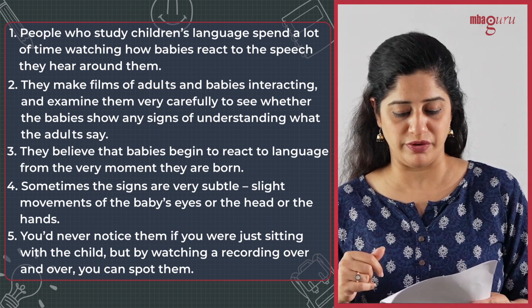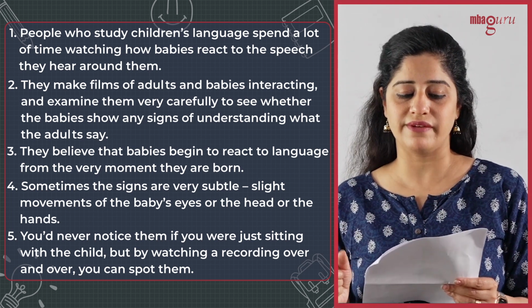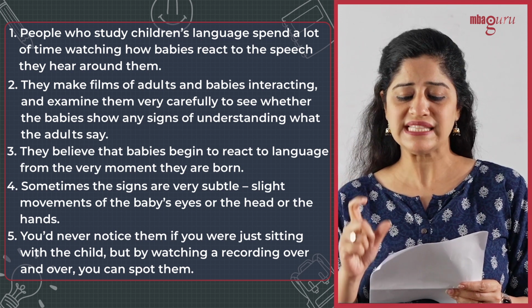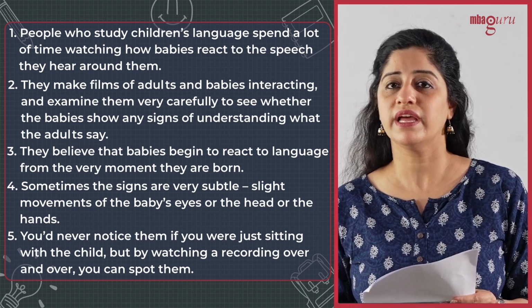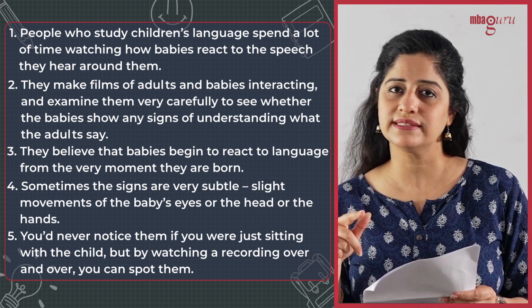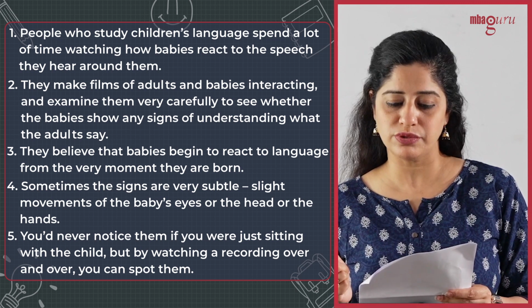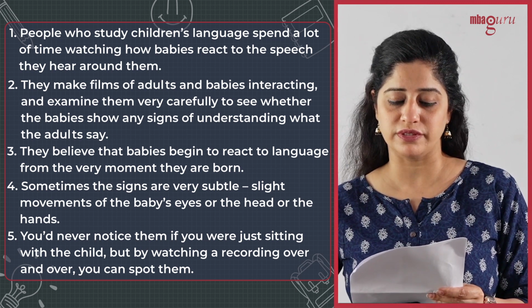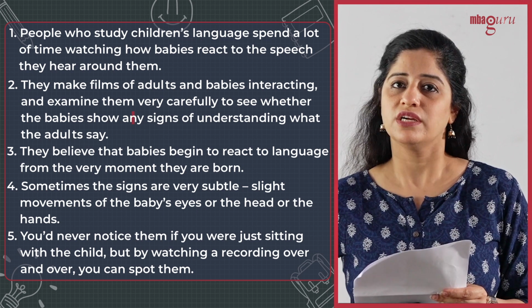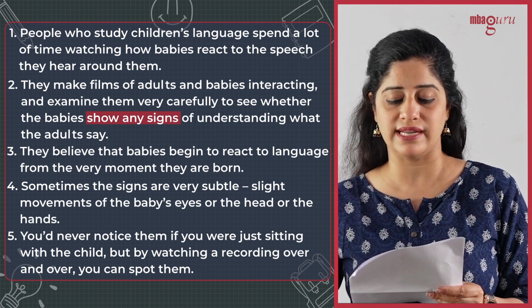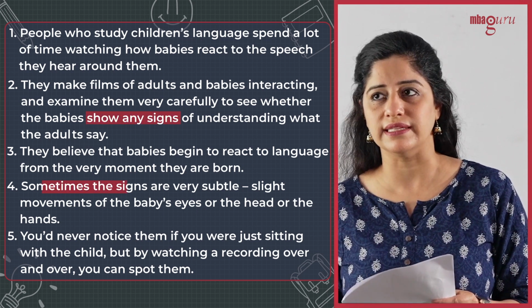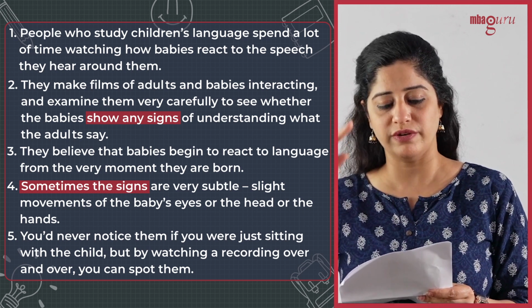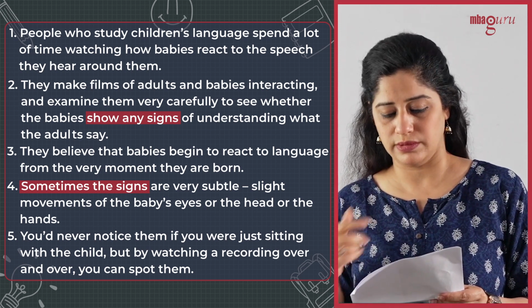I'll move further. Sometimes the signs are very subtle, slight movements of the baby's eyes or the head or the hands. Which signs? Can you make a connection with sentence 2? Can you see for yourself that sentence 2 said 'show signs', and then sentence 4 says 'the signs', right? So 2 and 4 make a combination.